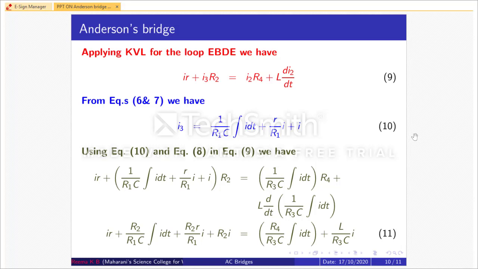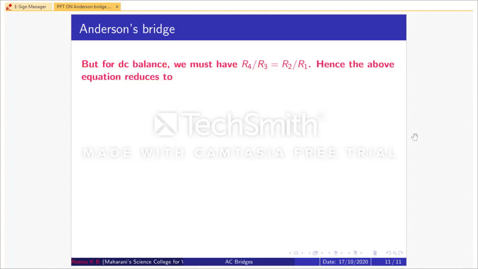This implies IR plus R2 divided by R1C integral I dt plus R2 divided by R1 times R I plus R2 times I is equal to R4 divided by R3C integral I dt plus L divided by R3C times I. But for DC balance, we must have R4 by R3 is equal to R2 by R1.